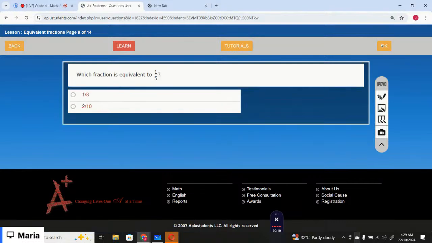Which fraction is equivalent to 1 by 5? Which is the correct option?